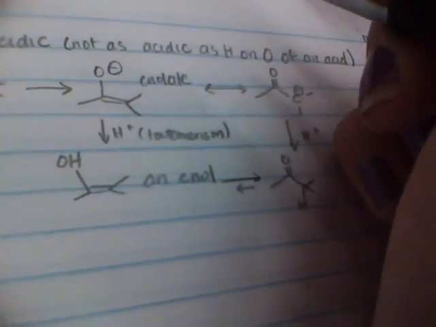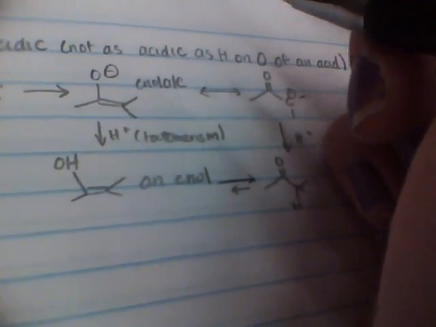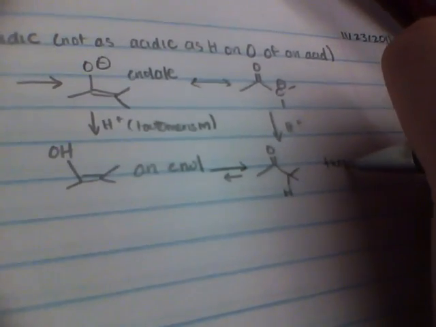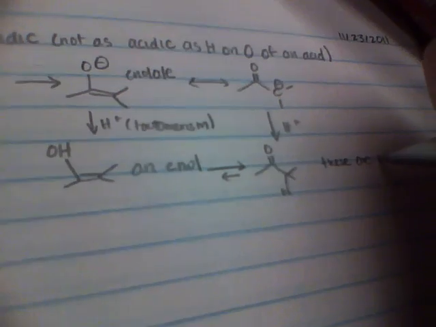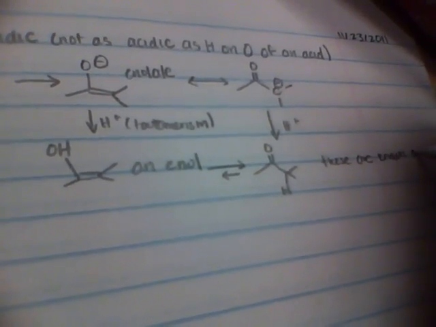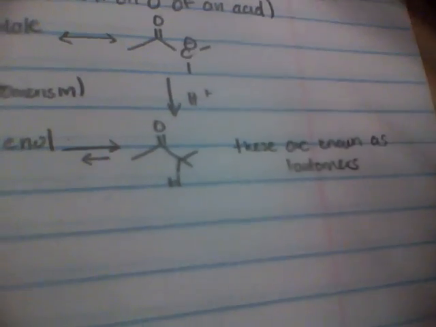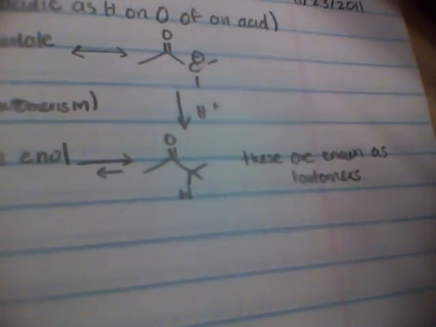And these two are called tautomers. So there's a ketone tautomer and an enol tautomer. And the amount of the enol form is usually very, very small.